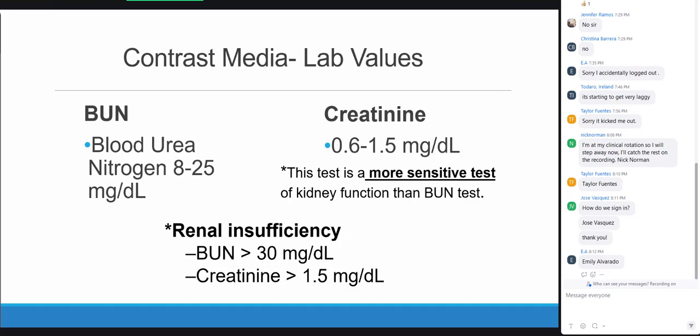The creatinine, which is more sensitive and better representative of kidney function than the BUN, you're looking at 0.6 to 1.5 milligrams per deciliter. If a patient's BUN is elevated above 30 and their creatinine is elevated above 1.5, then there is a renal insufficiency for that patient, and contrast most likely will not be allowed to be used for the study.